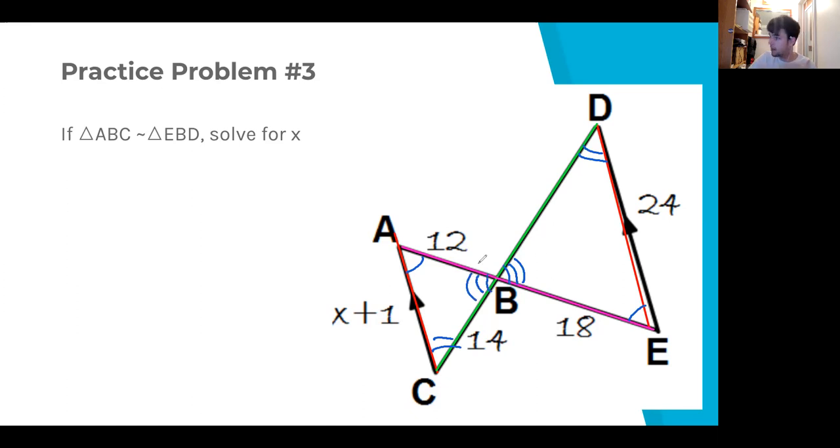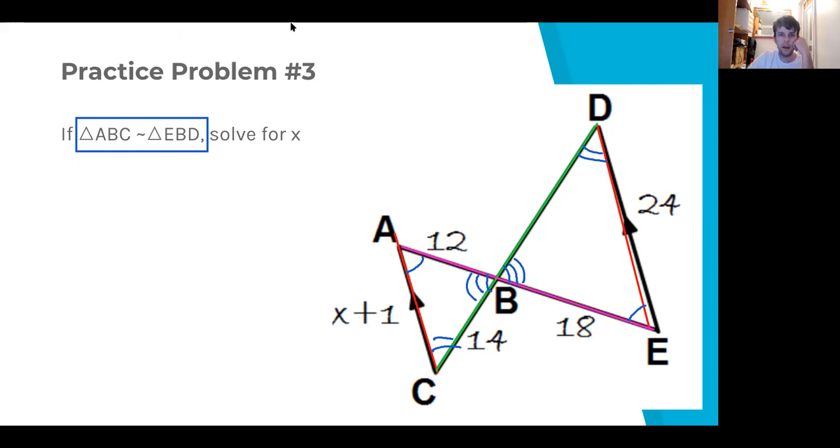So we can kind of identify all the angles that go together that way, or we could go ahead and look at the similarity statement that we were given. So A corresponds with E, A, E. We already marked that. B, B. Yeah, vertical angles there at B, and C, D, C, D. Yeah, we already marked all those things, but similarity statement or using that information we know there.